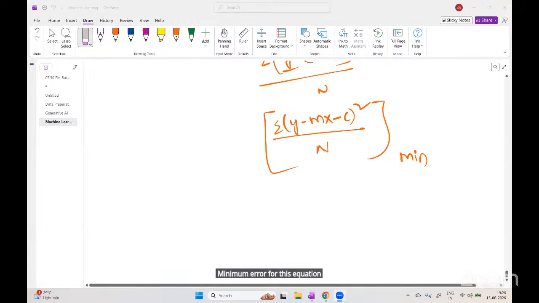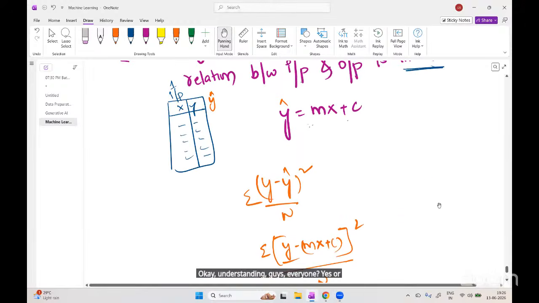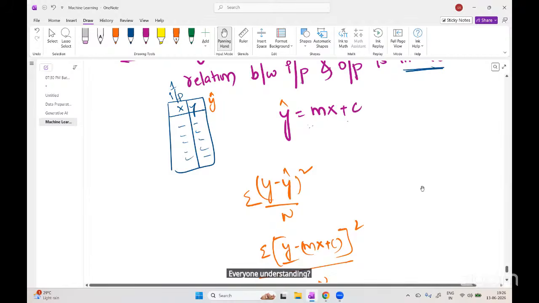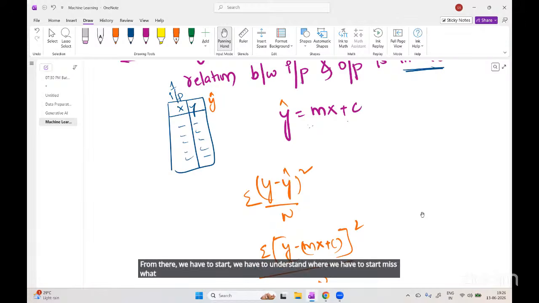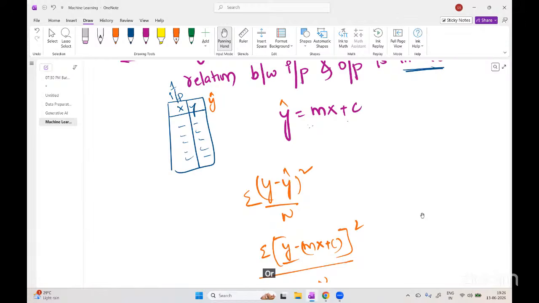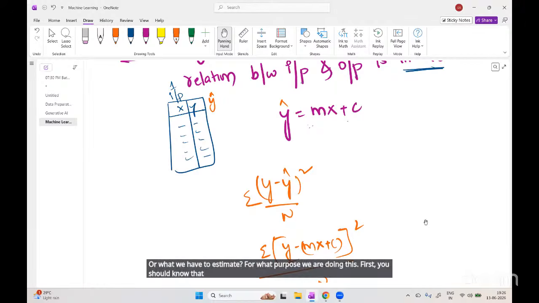Understanding, guys, everyone? Yes or no? Everyone understanding? So first you have to understand where we have to start. Where we have to start means what we want to predict or what we have to estimate, and for what purpose we are doing this. First you should know that. From there, the remaining things will start.